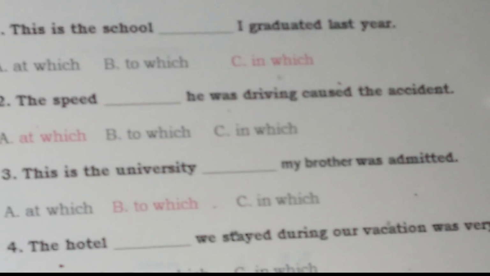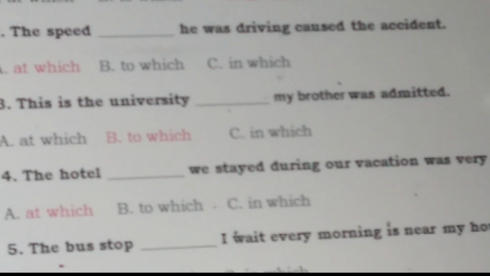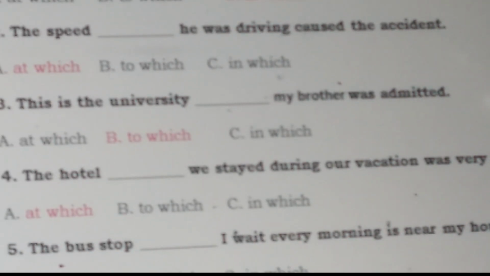Number 5: the bus stop blank I wait at in the morning near my house. The bus stop, which one? A specific place. If it is specific, we have to use at which. Number 6: this is the address that you send the letter to.